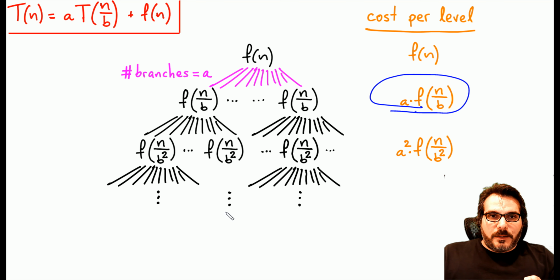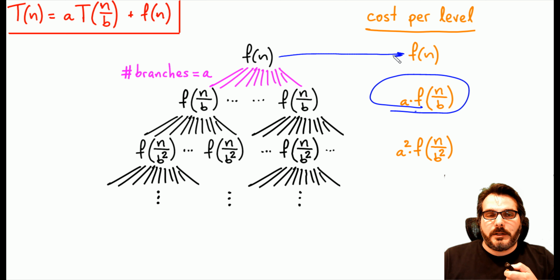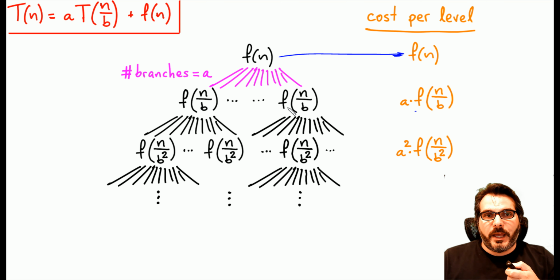Looking at this, the cost at the root is f(n), and nothing else is happening there. At the first level, we have this element, f(n over b), but how many times? a times, because we branched a times. At the second level, it's a little more confusing, but easier to explain.